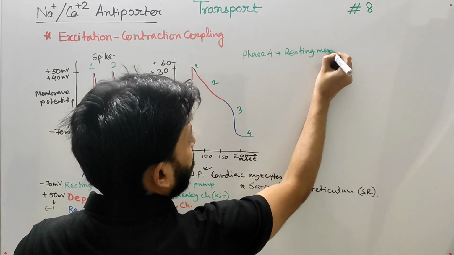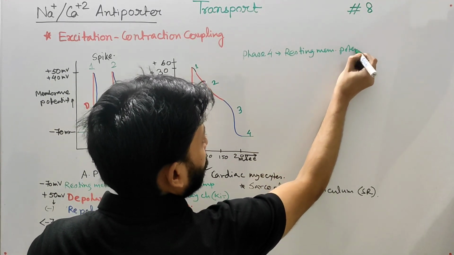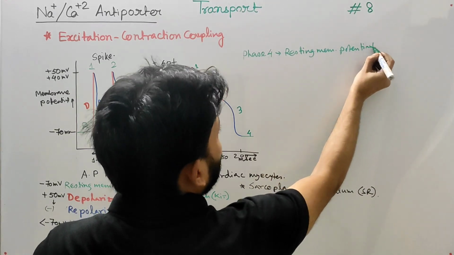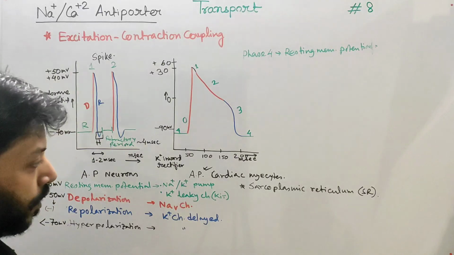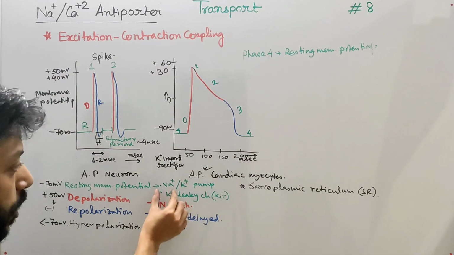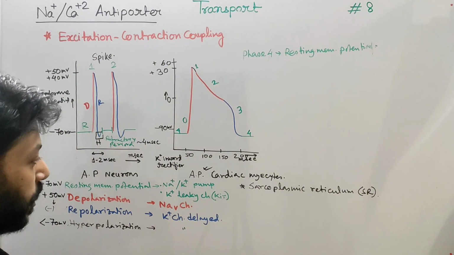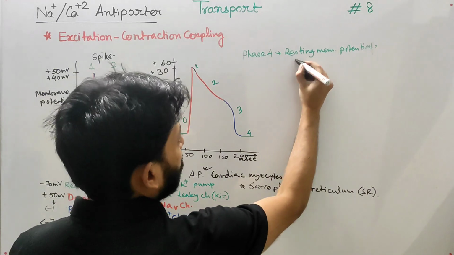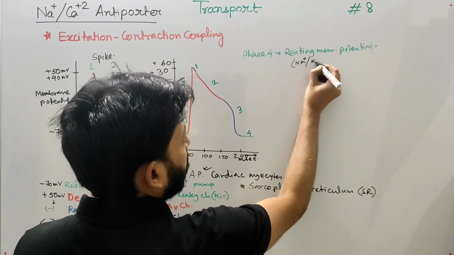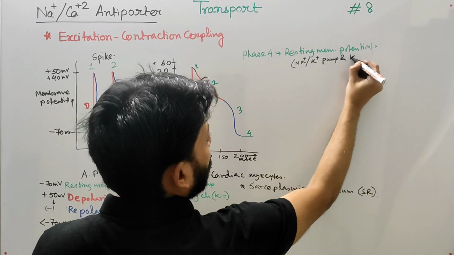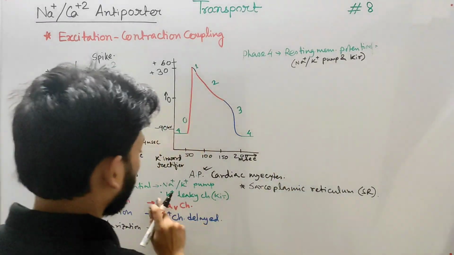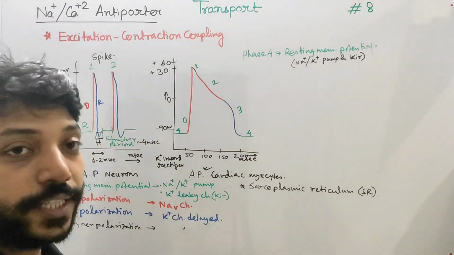Resting membrane potential. In case of cardiac myocytes also, the sodium potassium pump and potassium leakage, that means KIR, the sodium potassium pump and the inward rectified potassium channels or leaky potassium channels actually maintain the resting membrane potential.